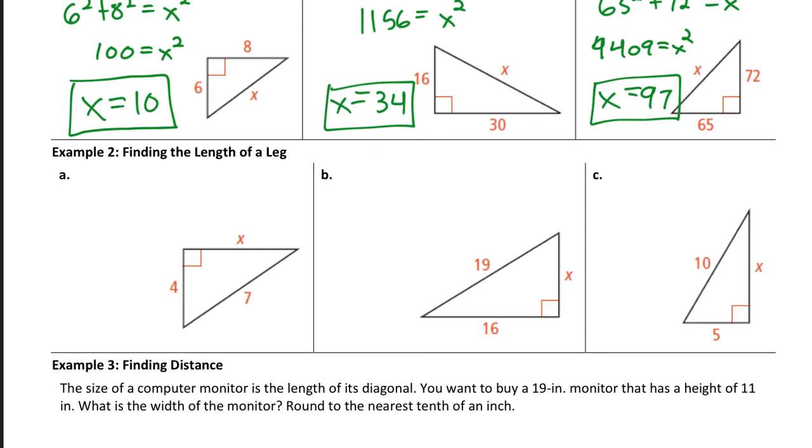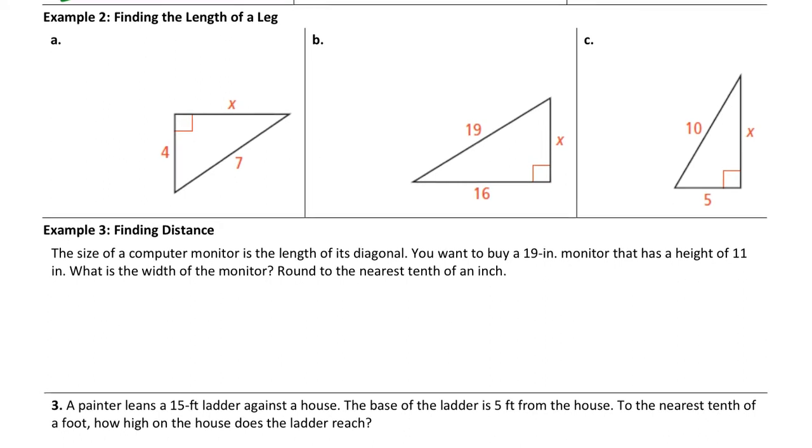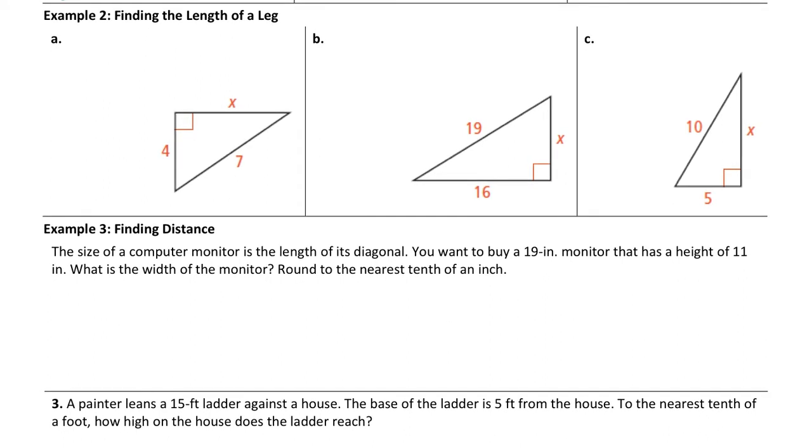Now, that's not always going to be the case. Sometimes we're going to have to find a leg. So you can decide if that leg you're finding is always A or always B, but there's a common thread with each of these examples. If I'm doing a squared plus b squared equals c squared, I'm just going to write it like this. x squared plus 4 squared equals 7 squared, because 4 and x are the legs.